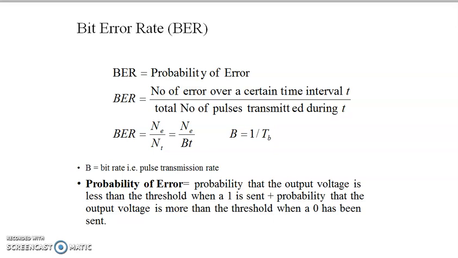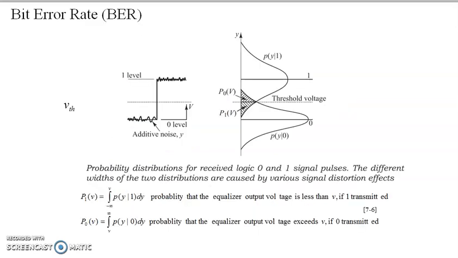So we need to know the probability distributions, whether 0 is sent or 1 is sent, and the probability distributions of the received 1 and 0 signal pulses, and what will be the width of these distributions for 1 and 0, and due to that width what distortions will arise, which we need to learn. We need to learn what the bit error rate is here. So that's why here we learn probability distributions for the received logic 0 and 1 signal pulses.